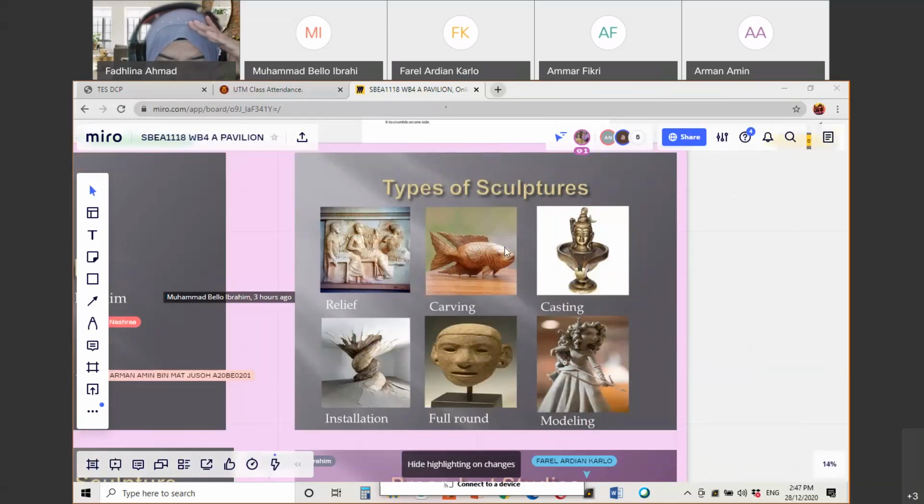That's why you need to put the description here, so that you can remember. After this, I want you to add on. If you are saying that the relief has 3 types, you put it here. How about the carving? What is the description? All the descriptions should be here.